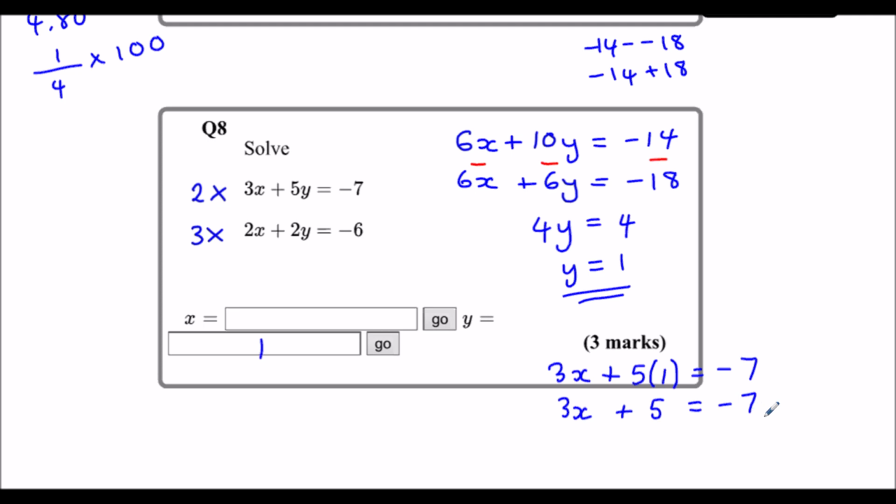I want to get x by itself, so I want to get rid of plus 5. So I'm going to take 5 away from both sides. So 3x = -7 minus 5, which is -12. And then I'm going to divide both sides by 3. So x equals -4. So x is -4 and y is 1.